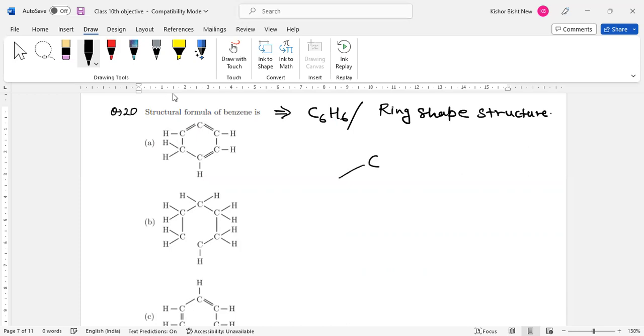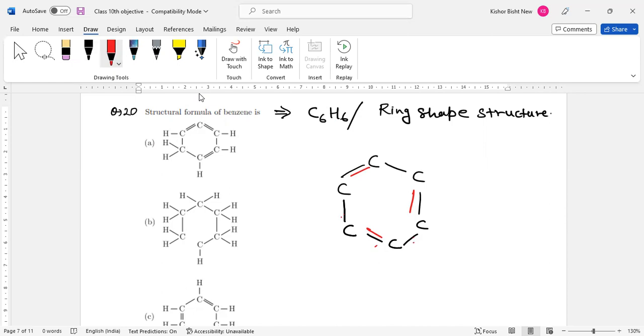First you make 6 carbons in the cyclic form, like a hexagon. You can say hexagon in the simple form. After that you put double bonds at alternate positions. If I am putting the first double bond here, leave the next, then double bond, leave the next, then double bond, alternate.